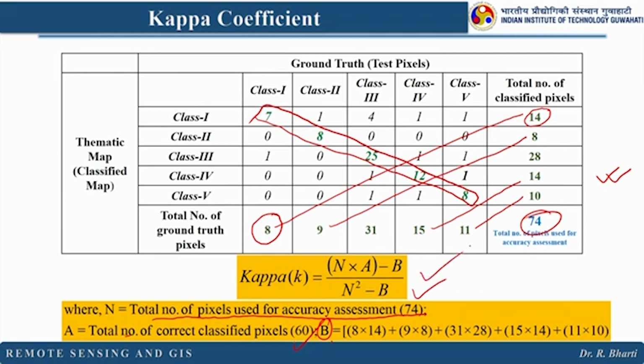So this is the way we calculate all these accuracies for a classified image. Doesn't matter whether you have used unsupervised classification or supervised classification, you have to report the accuracy of your classification.